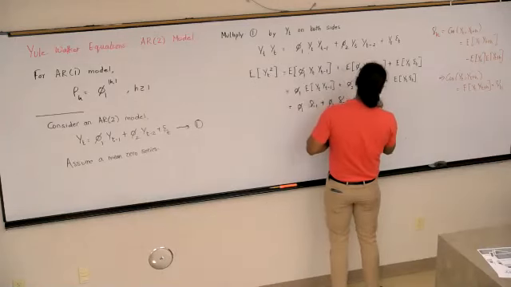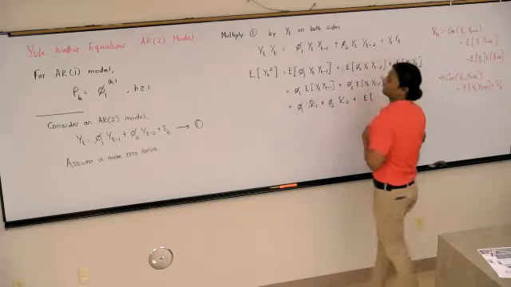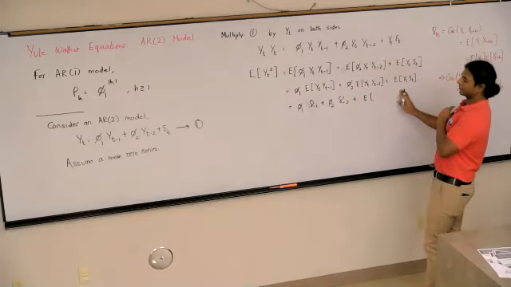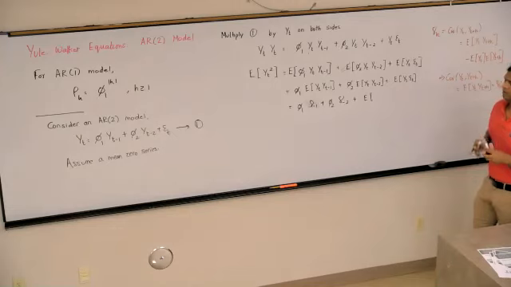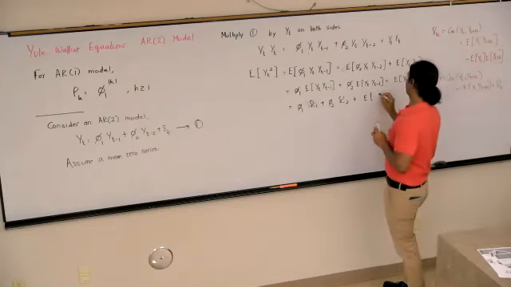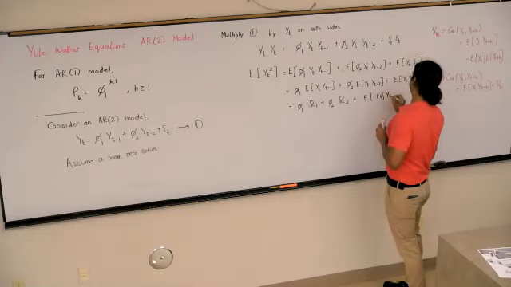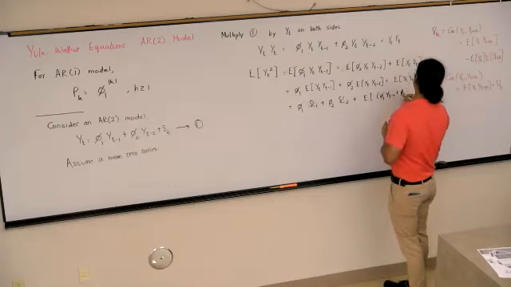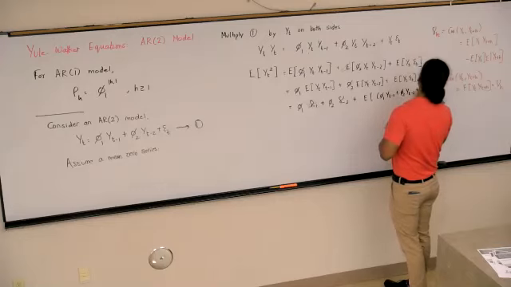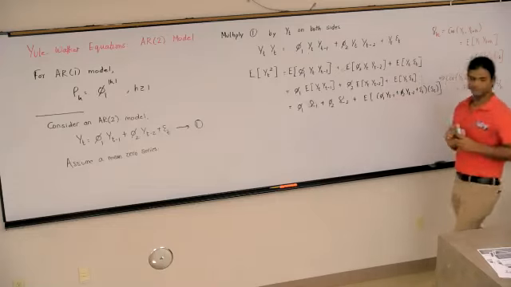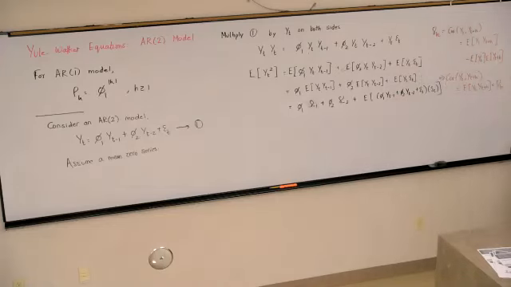Why? If you look at expectation of yt times epsilon t, we can't directly say that it is going to be 0, because I have phi1 yt minus 1 plus phi2 yt minus 2 plus epsilon t, multiplied by epsilon t. All I did was take yt and plug it in there.